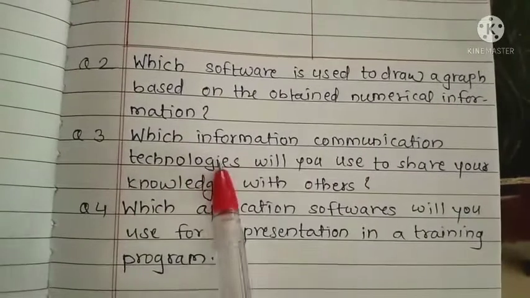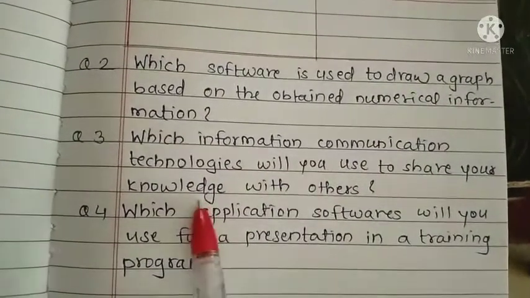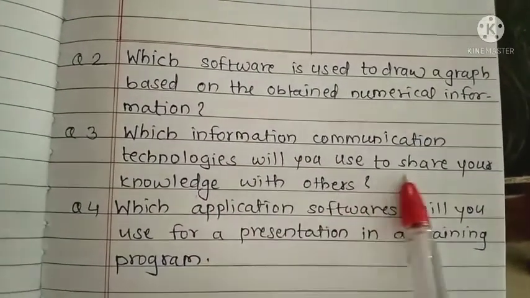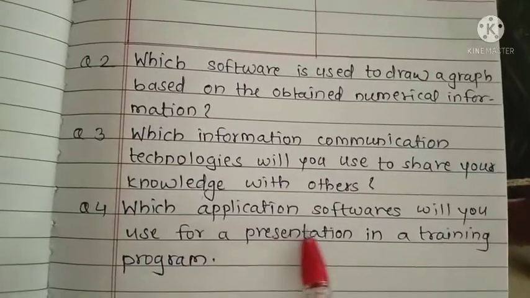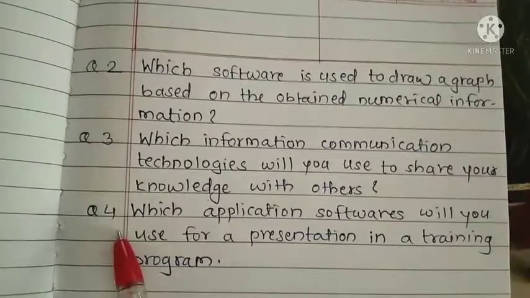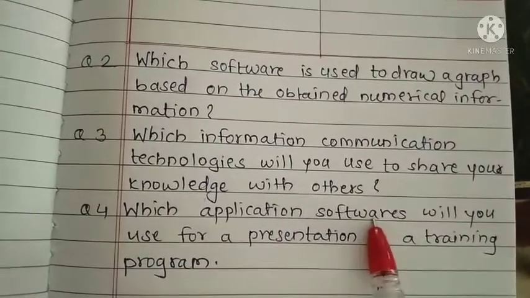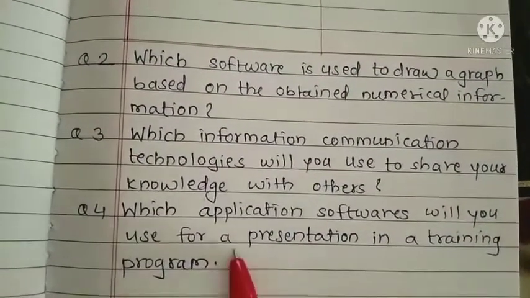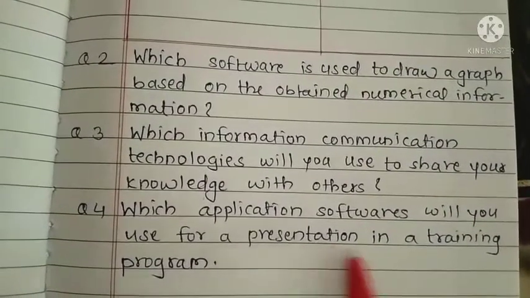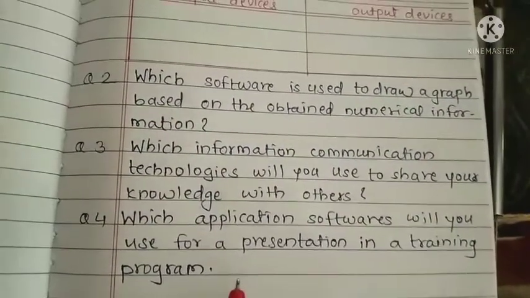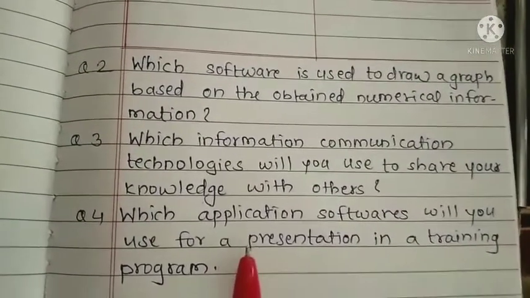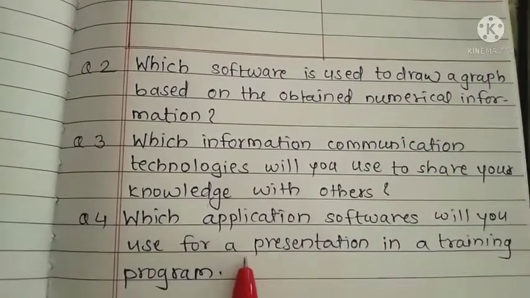Question 3: which information communication technologies will you use to share your knowledge with others? Which application softwares? Question 4: which application softwares will you use for a presentation in a training program? So these are the questions. Write the answers of all these questions in your notebook.